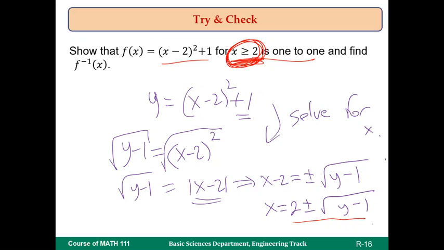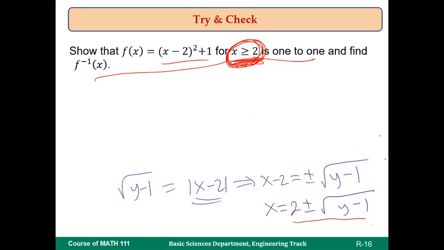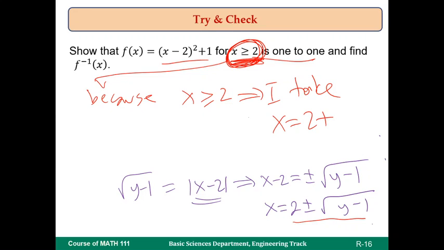So I take this one because x is bigger than 2. I take x equal to 2 plus square root of y minus 1, because it's always positive, so it will be bigger than 2.